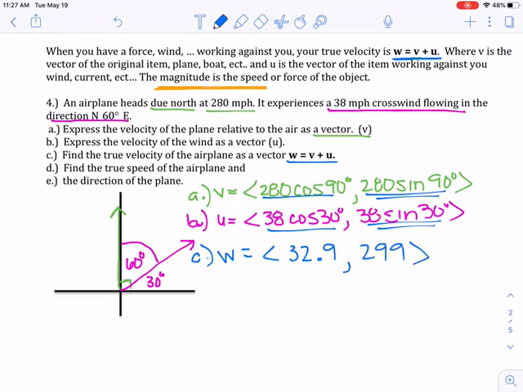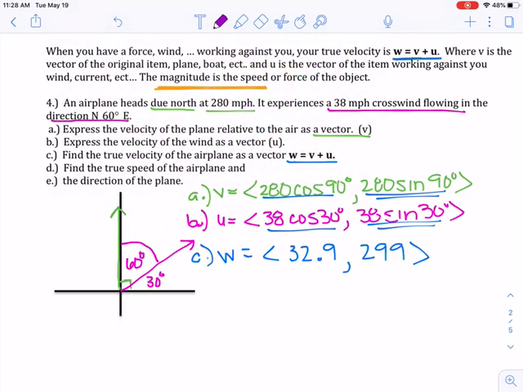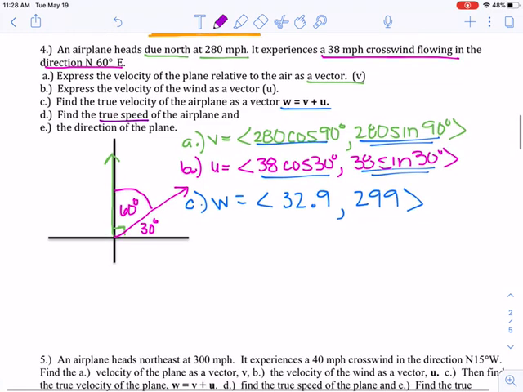Now that I have this vector W, I want to find its true speed. I know that speed is the magnitude, so I'm going to find the magnitude of my vector w.